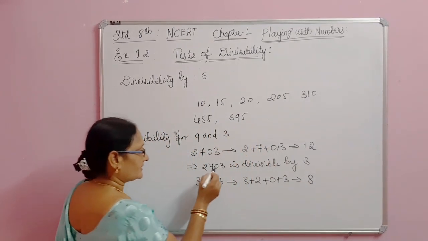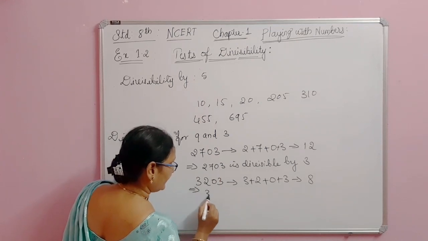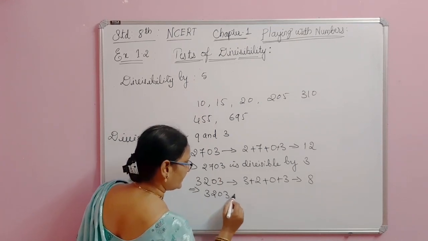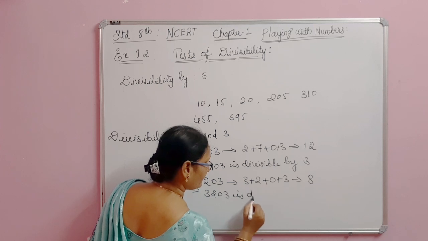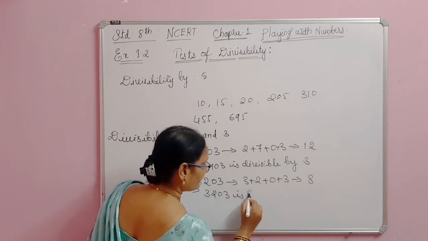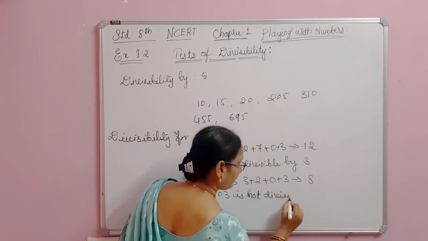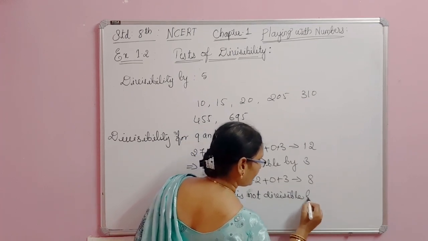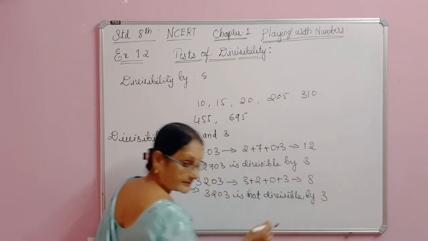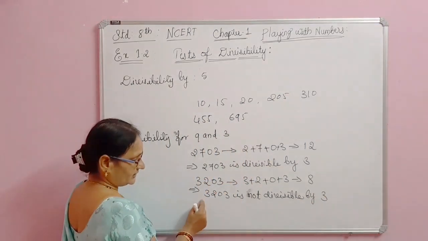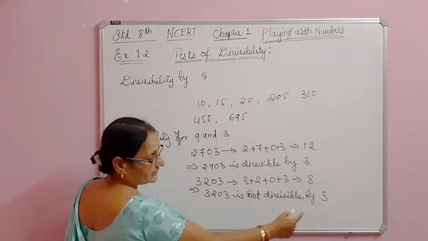That means this implies that 3203 is not divisible by 3.